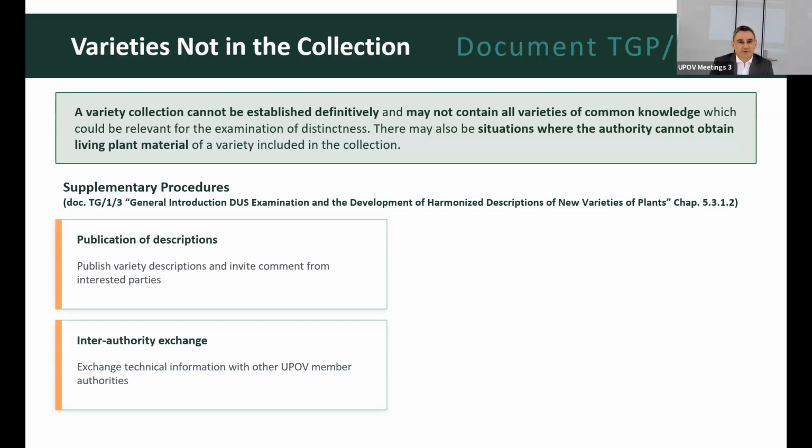Also, the peer reviewing can be performed by colleagues, by other authorities, and cooperation amongst UPOV members is key in this area to exchange information about varieties of common knowledge.